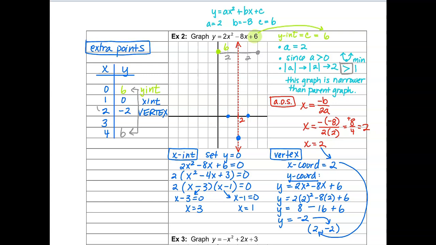And going from 2 to 1 is the same distance as going from 2 to 3, so their y values will also be the same. So this will be 0. Normally you have to plug it in to figure that out, but in this case, we found all the values by just finding the x and y intercepts.